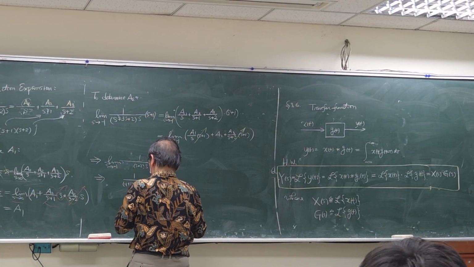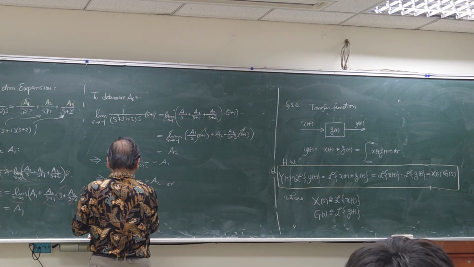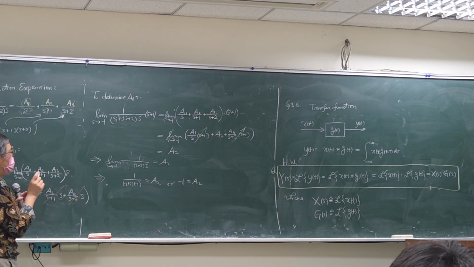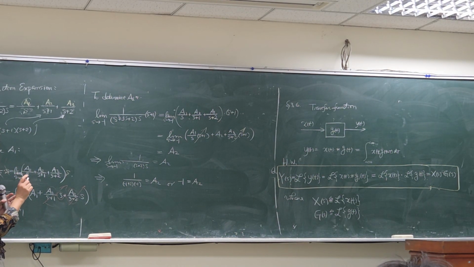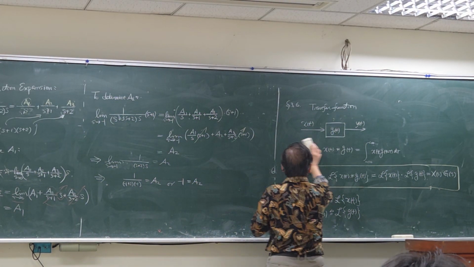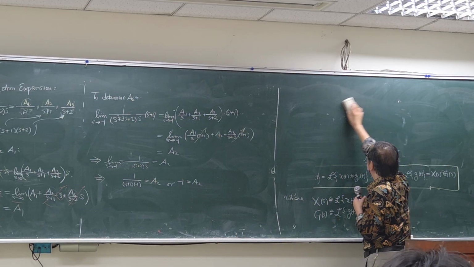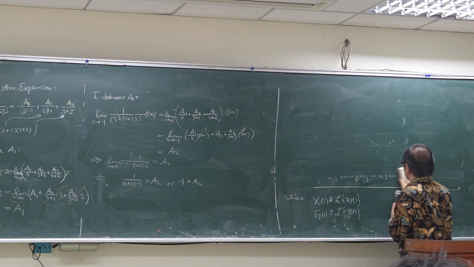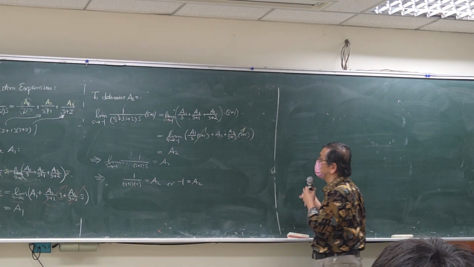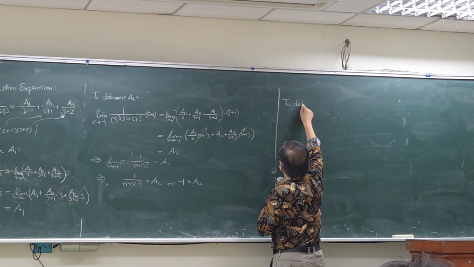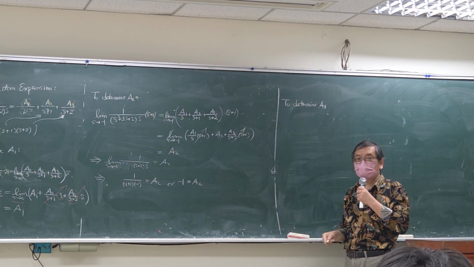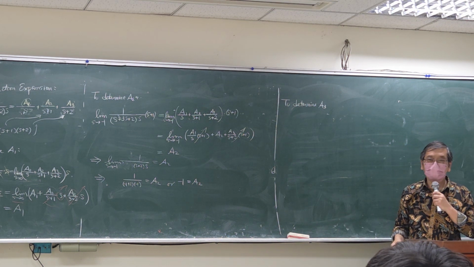So we have negative 1 equals A2. Okay? So now I found A2. And similarly, we can determine A3 now.